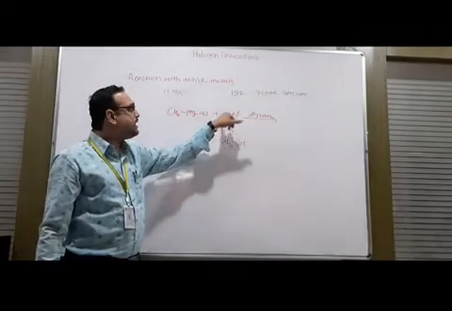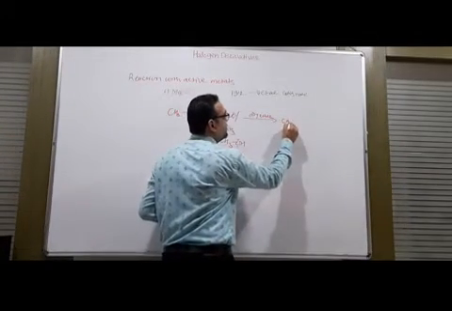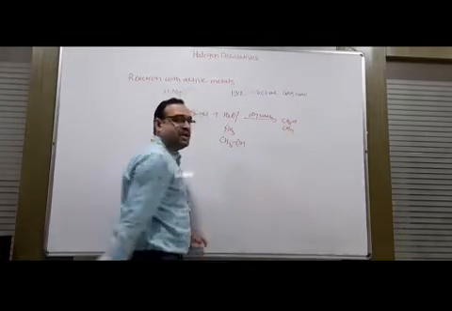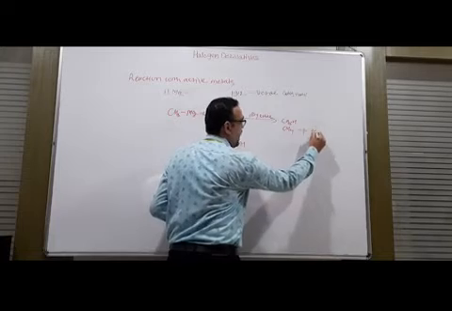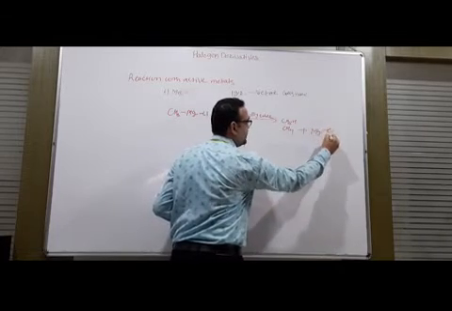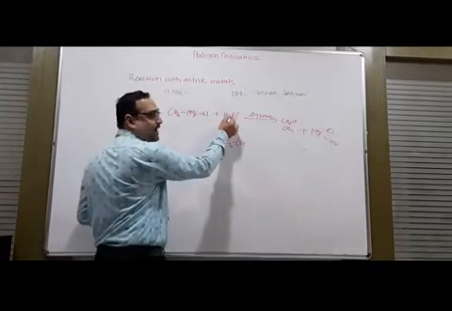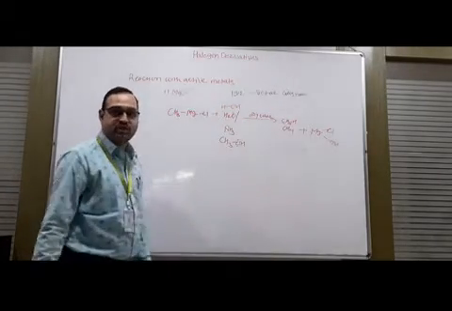When H2O reacts with RMgCl, meaning CH3MgCl, it gives CH3H, written as CH4, plus MgCl and OH. As we know, we write H2O in the form of H and OH.